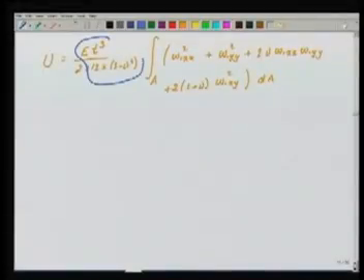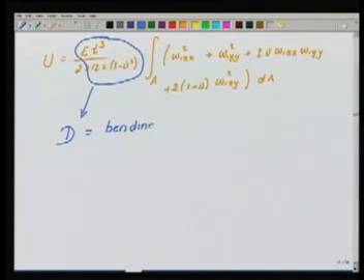If you look at this expression here, this is given a name D, which is called bending rigidity. Essentially it tells us how rigid the plate is in bending, how much it resists bending action. Okay. So we have this expression for U.